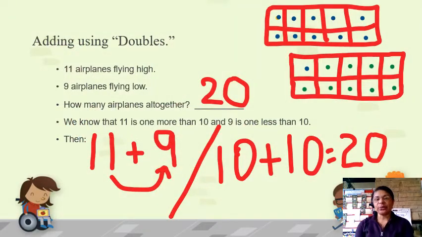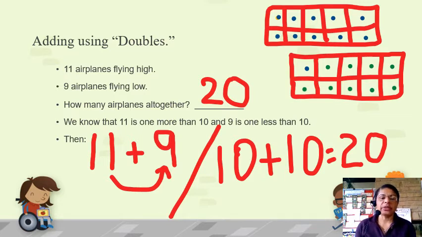In this one, we are going to review using our 10 frames. Adding using doubles. We're also going to practice adding doubles. So here is the story. 11 airplanes flying high. 9 airplanes flying low. How many airplanes altogether? Well, the first thing you do is try to see what you already know.